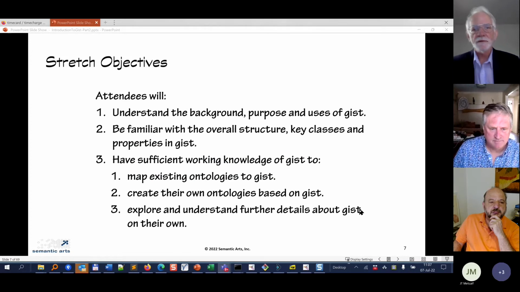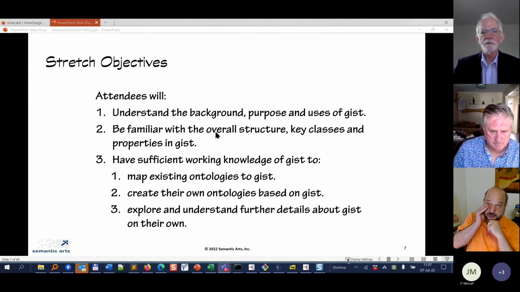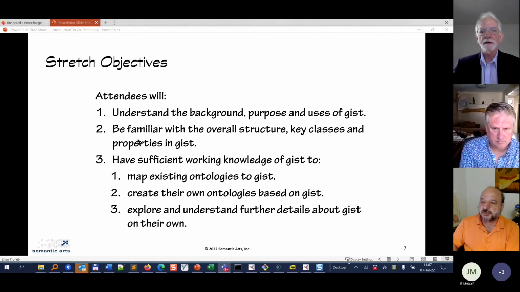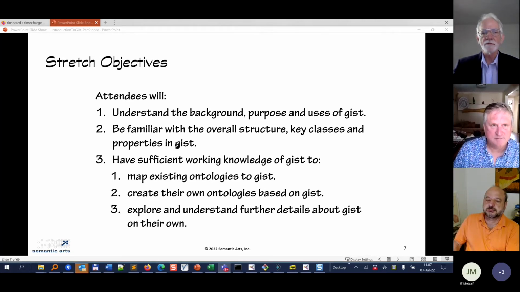Okay, so what is the purpose of this broad introduction? We really want the attendees to understand the background, purpose and uses of GIST, to have a good idea of the broad overall structure, some of the key classes and key properties that we use day to day in building ontologies based on GIST.